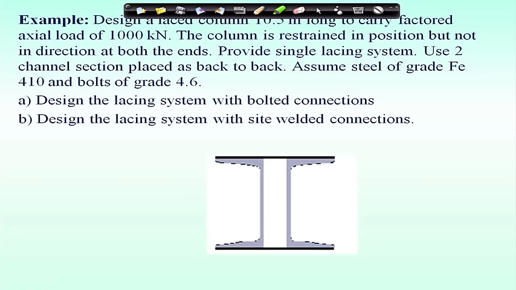Now, we will go through one example. The design steps whatever we have discussed will be followed in this design example, and in this design example the previous example has been considered.